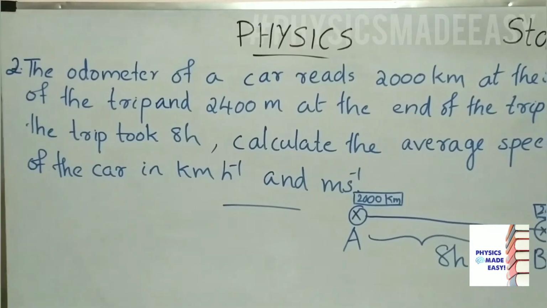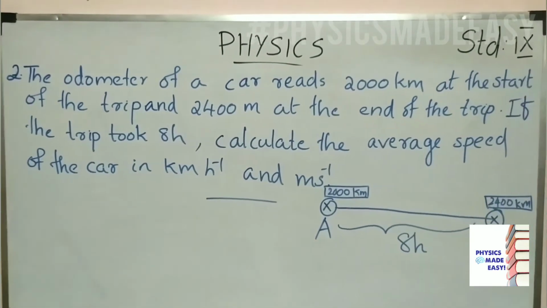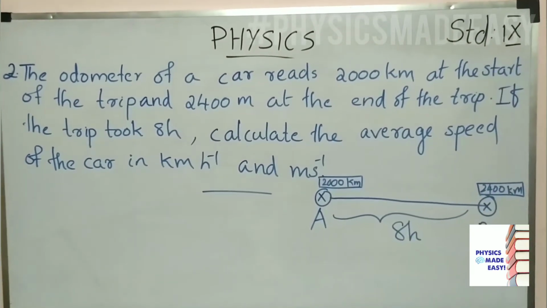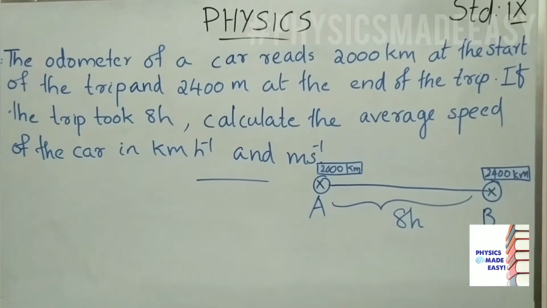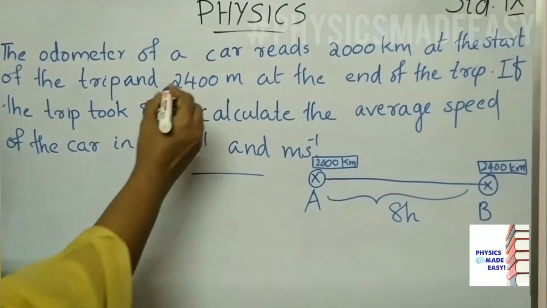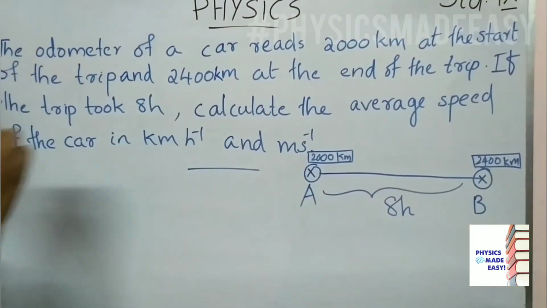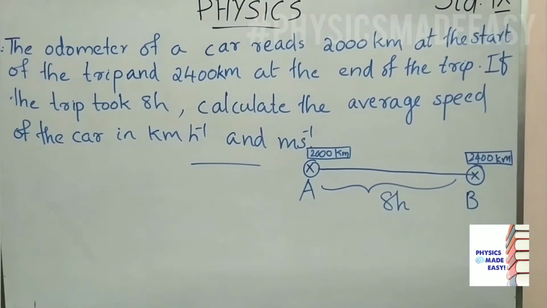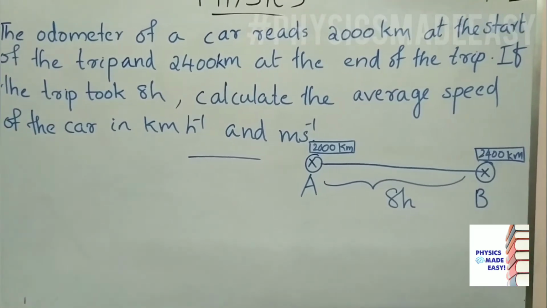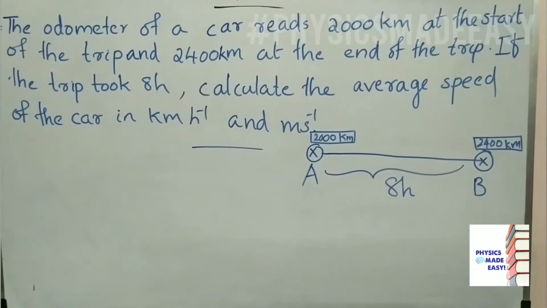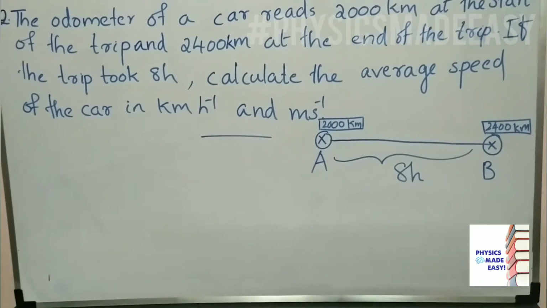Next question: the odometer of a car reads 2000 km at the start of the trip and 2400 km at the end of the trip. If the trip took 8 hours, calculate the average speed of the car in kilometer per hour and meter per second.